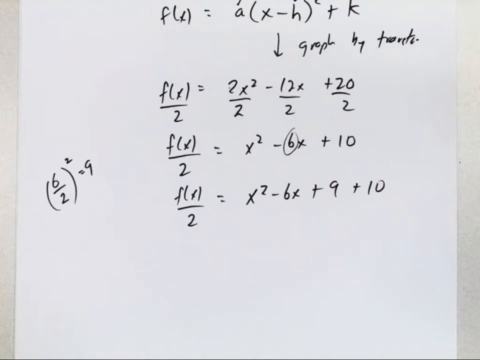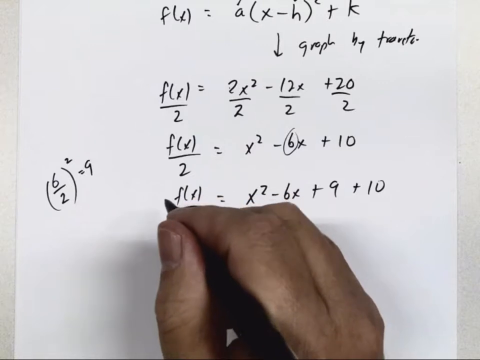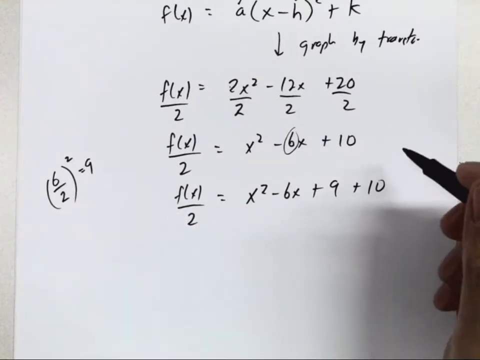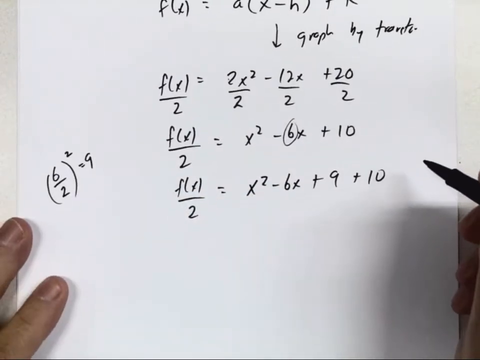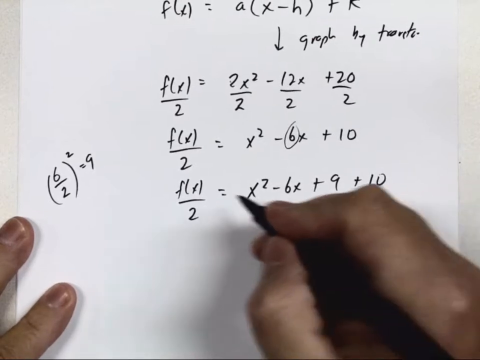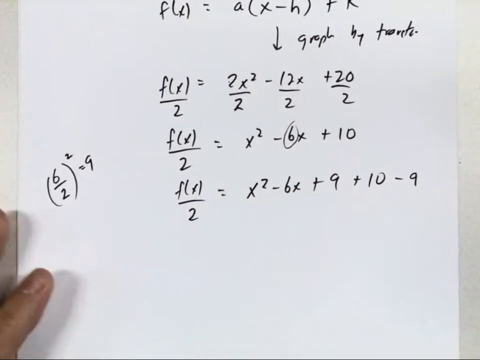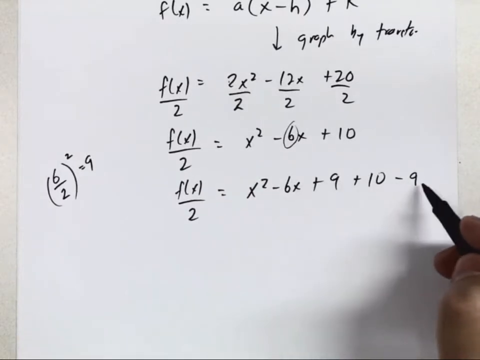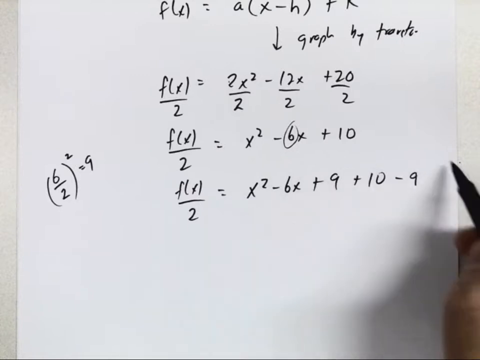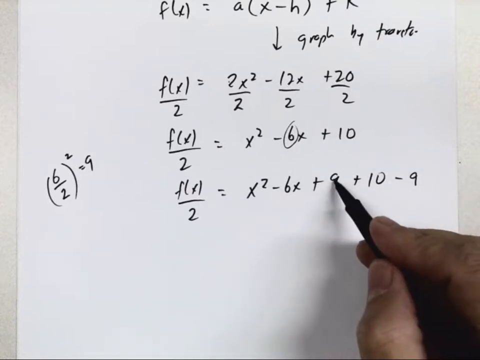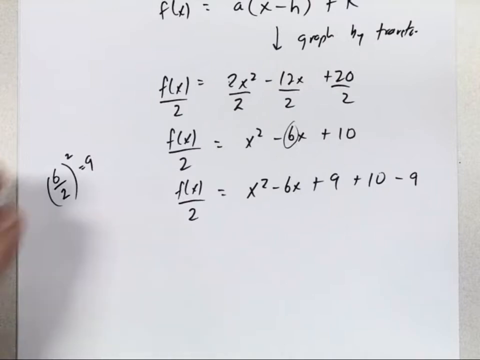Well, I can't just do that without either adding 9 to the other side, or actually, something I'm going to do, a little trick, it's not too confusing. Instead of adding 9 over here, how about I go out here and I subtract 9? Right? 9 minus 9 is like 0. So I haven't really changed this, but I have stuck this 9 in here.